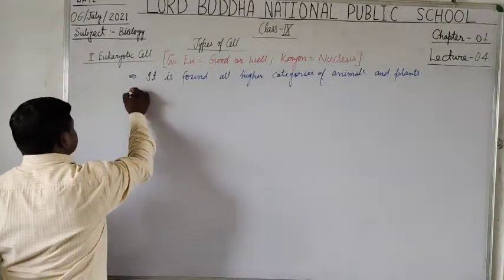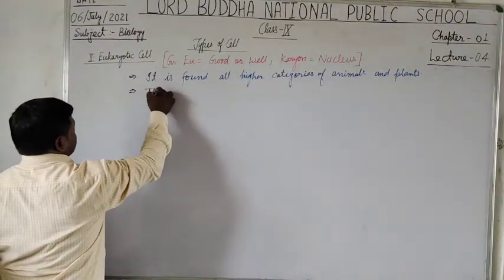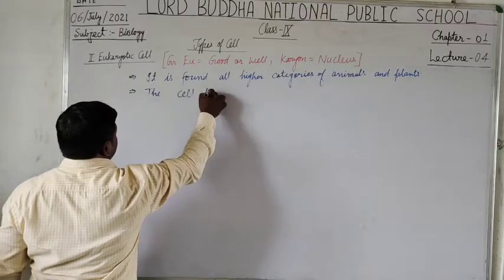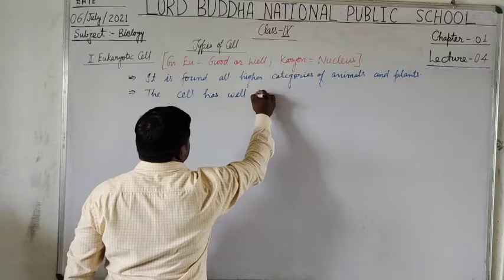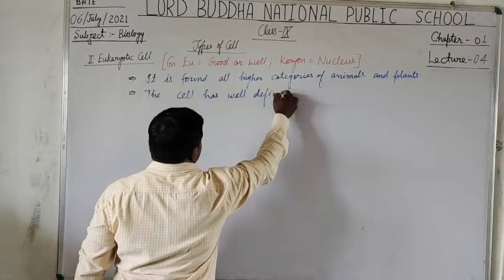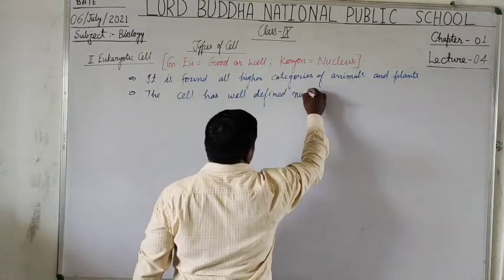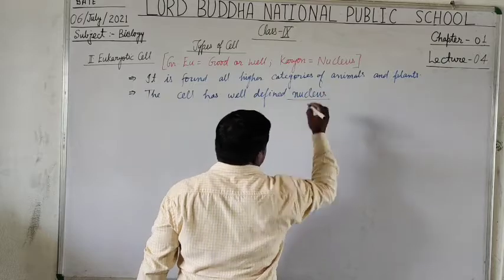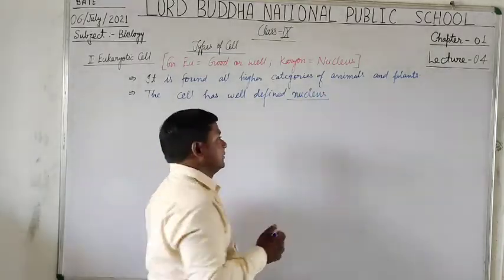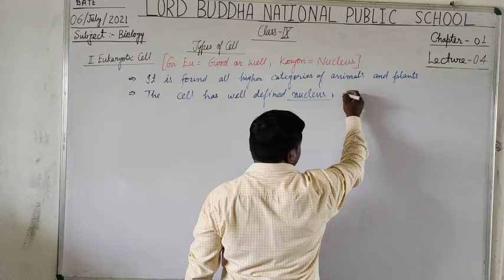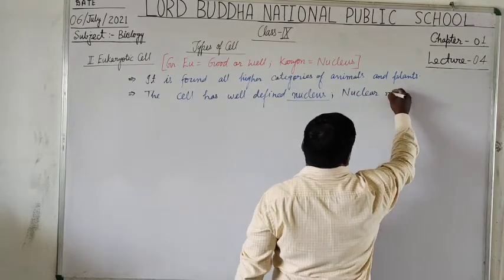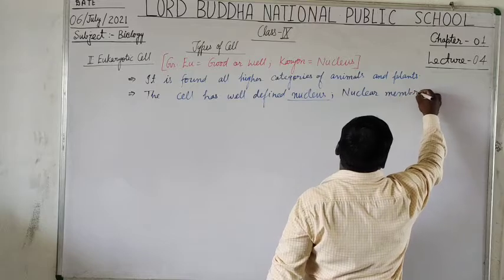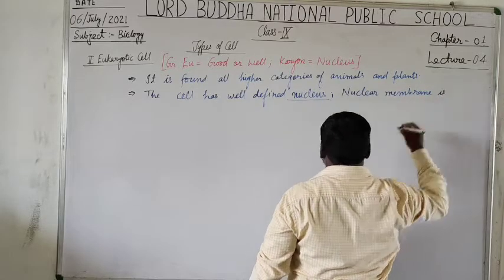Next, the cell has a well-defined nucleus. It means a nuclear membrane is present.